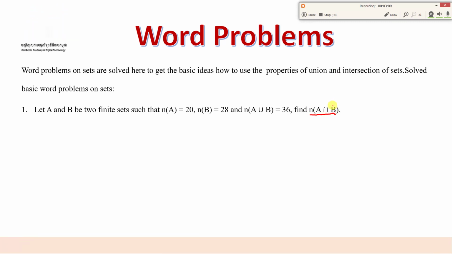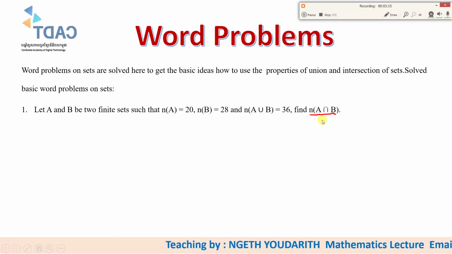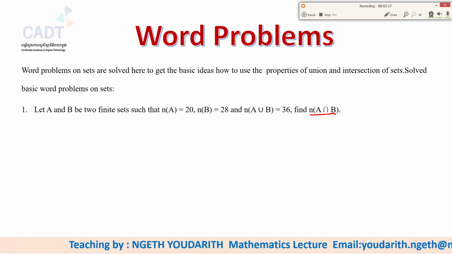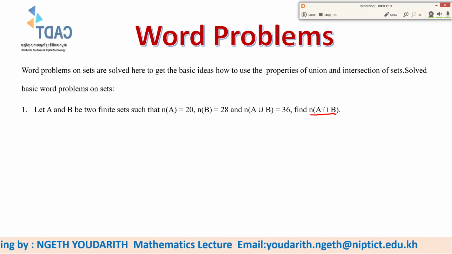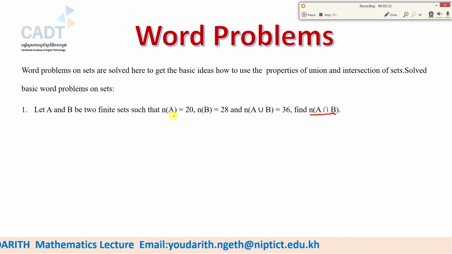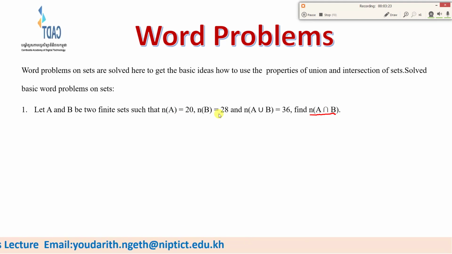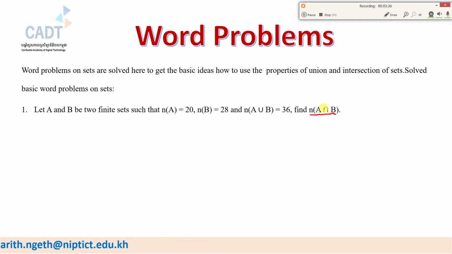To find A intersection B, we should know which formula to use. It relates n(A), n(B), n(A union B) and n(A intersection B).